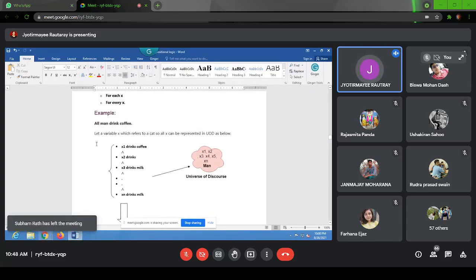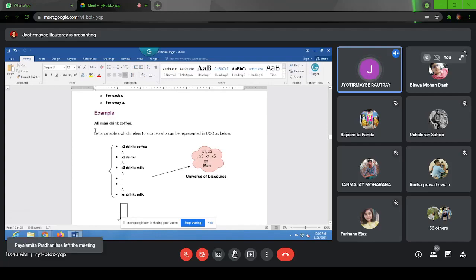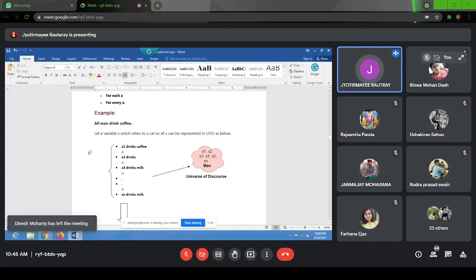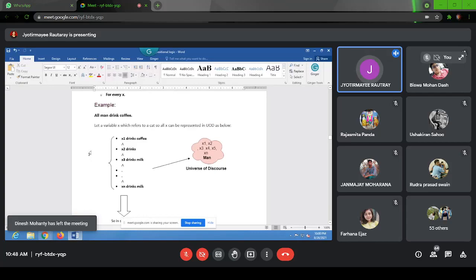Whatever the question you get, if you find "all" or "some," that indicates that this is not simple propositional logic. It is first order logic. The presence of "all" indicates that you have to use the universal quantifier.